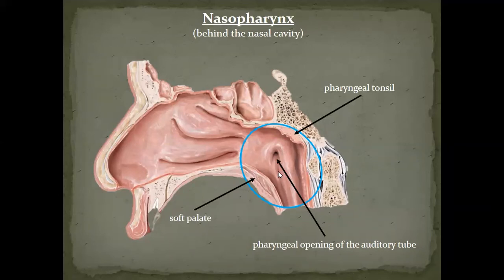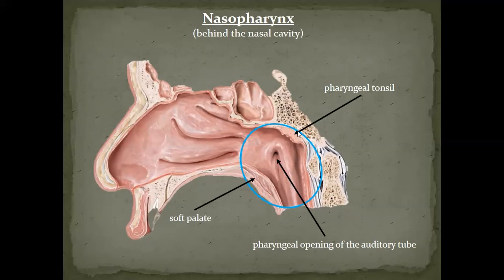Okay, this is a canal which connects the middle ear, so the tympanic cavity, with the nasopharynx and with this actually with the outer world. And this is important to equalize the pressure between the tympanic cavity, the otherwise closed tympanic cavity, and the outer world.